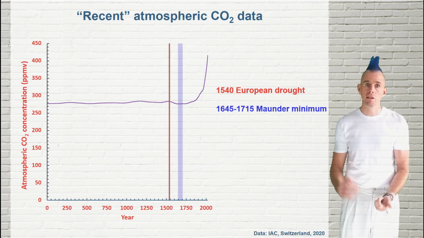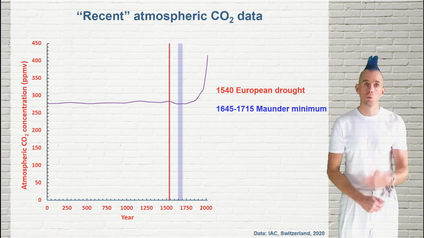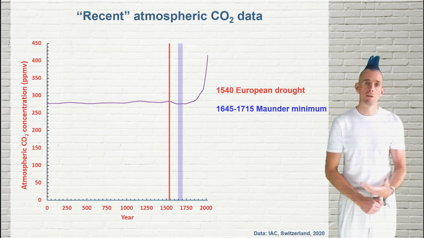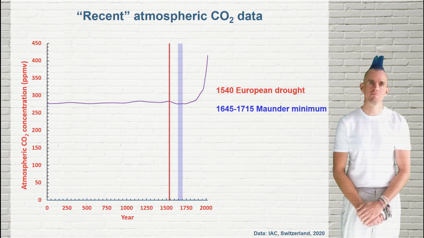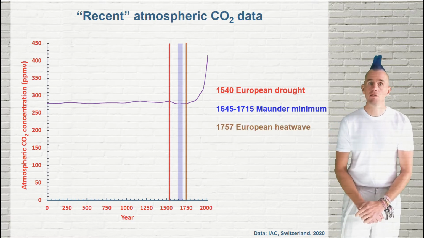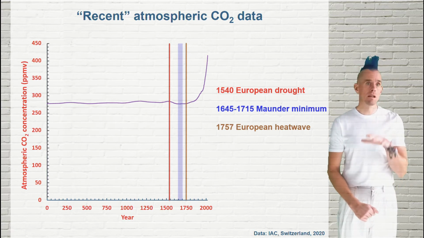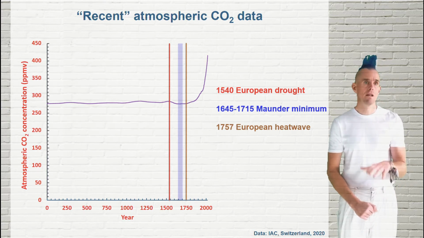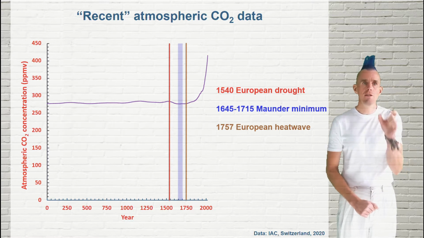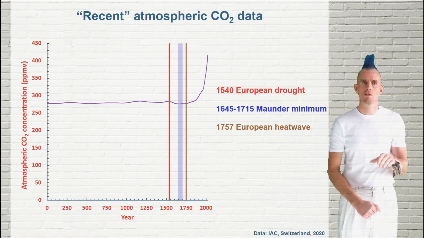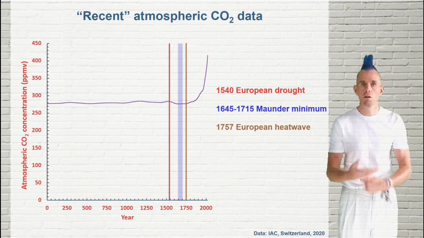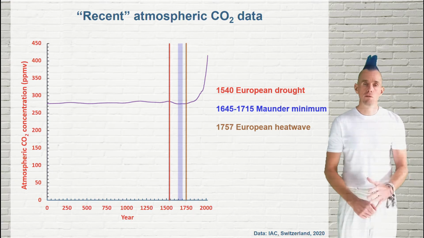However, interestingly, the Maunder minimum does also correlate with lower carbon dioxide concentrations in the atmosphere. Bucking the trend somewhat, the 1757 European heatwave came around at a low carbon dioxide level.